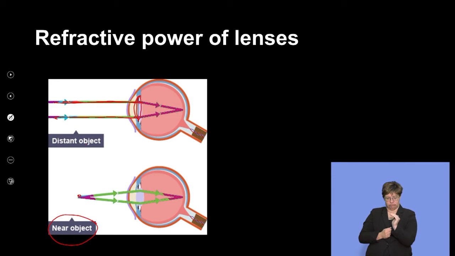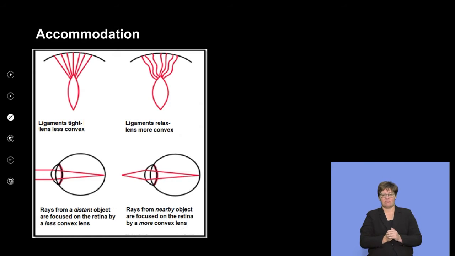With a near object, there's the light ray going. Can you see it's bending upwards? It's going outwards, right? So now you need a very round lens to bend this light more, or else it's not going to have an image there. So with a near object, you need a more convex lens, and with a distant object, you need a flatter lens. Let's have a look how accommodation works.